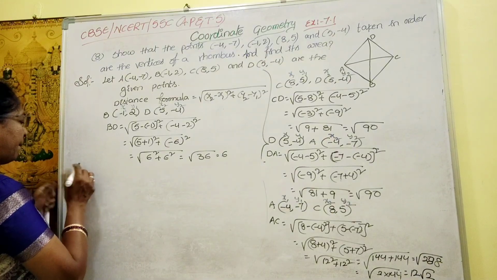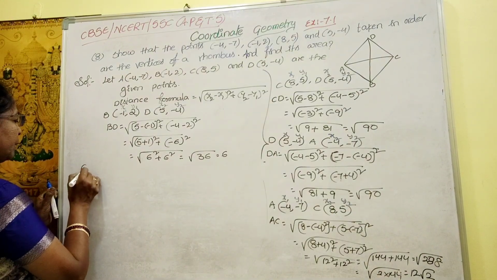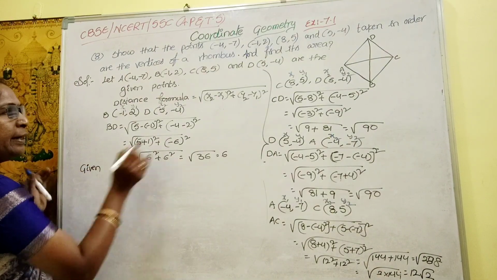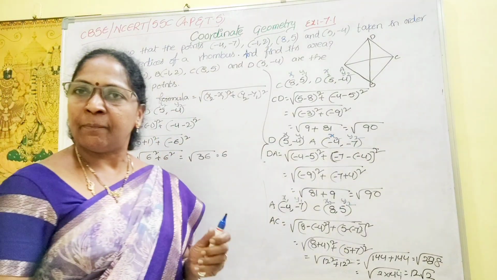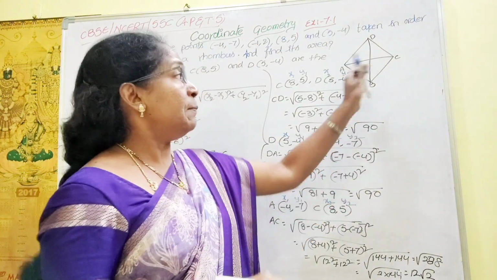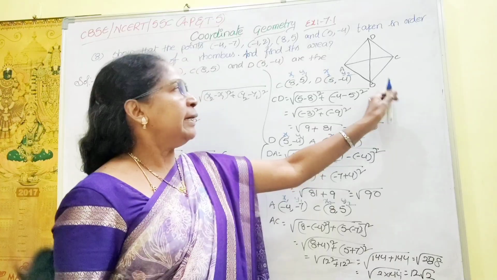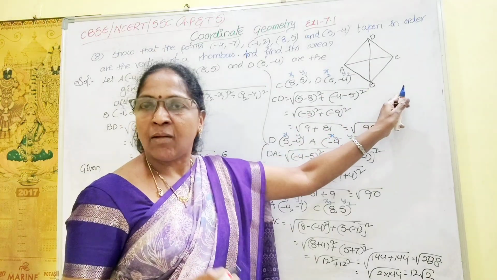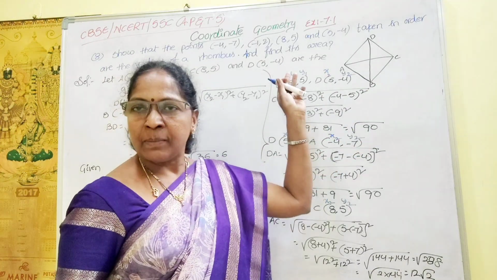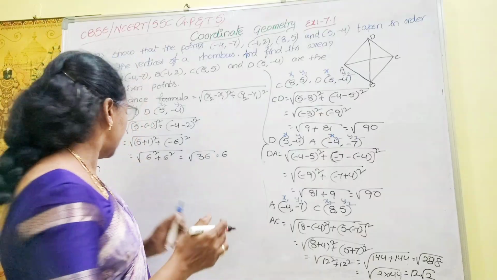Now here, given ABCD is a trapezium. Sorry, here ABCD is a quadrilateral. Here the given ABCD points are taken in the order of a rhombus. Why? Because here 4 sides are equal.